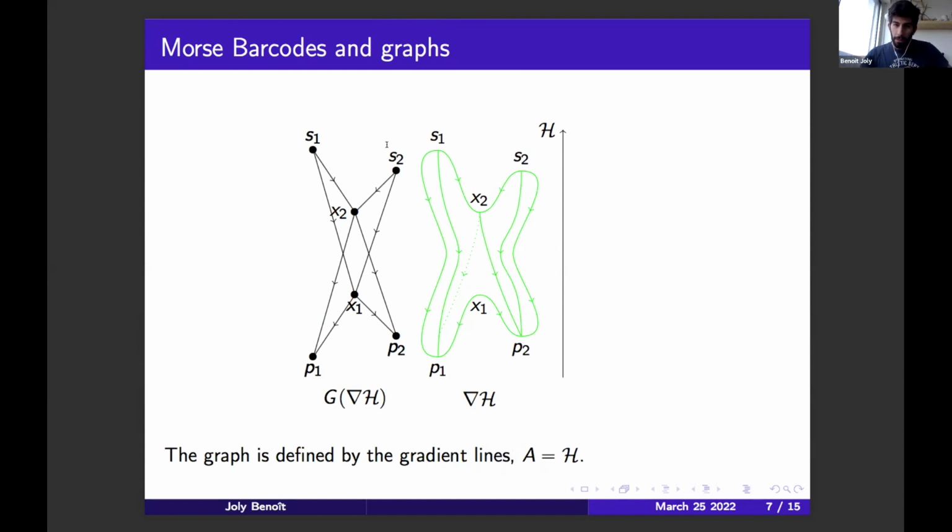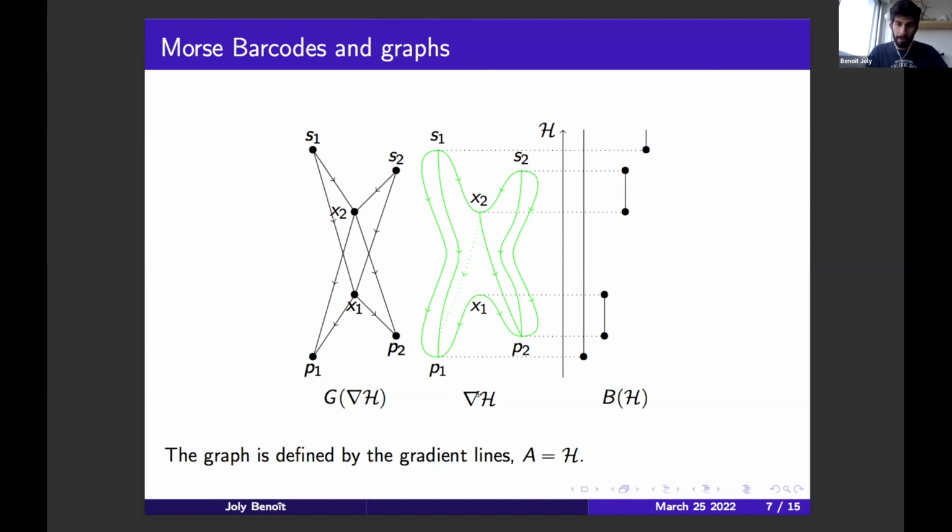And so with this graph and the action function defined by H, the Morse function, with my application, I obtain a barcode. So the barcode actually depends on the Riemannian metric and the gradient lines of H.